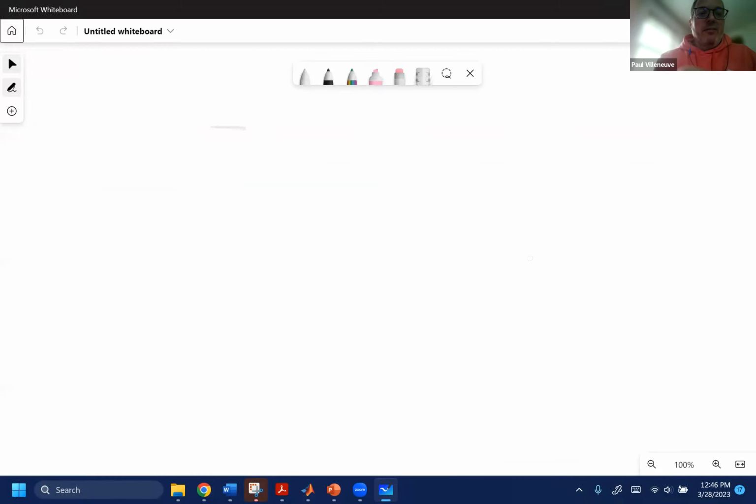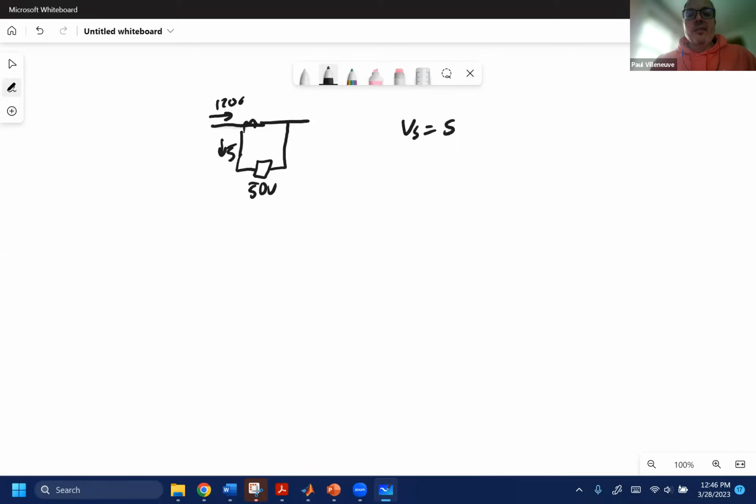So let's go ahead and draw that again. Here is 1200 amps. Here's 5 amps. The voltage drop across whatever is connected to the secondary side is 50 volts. So V secondary is 50 volts, and my turns ratio is 5 over 1200, which is V primary to V secondary.